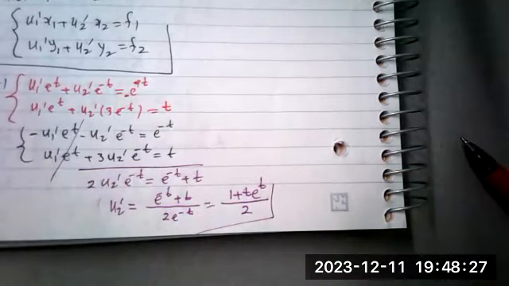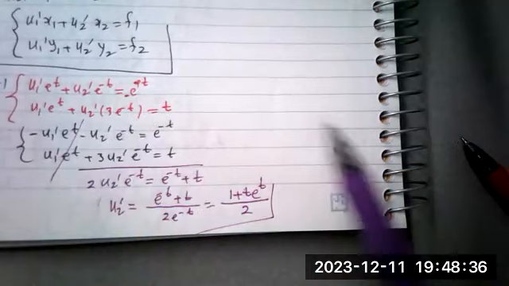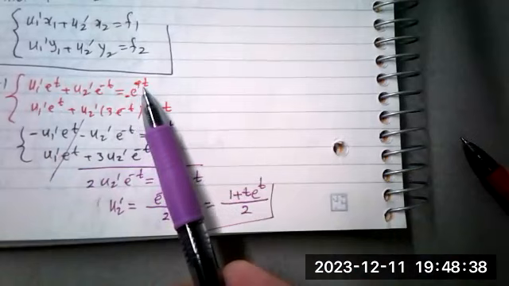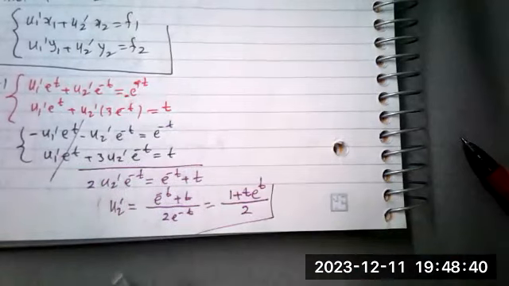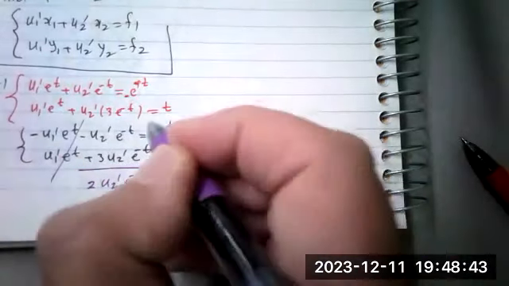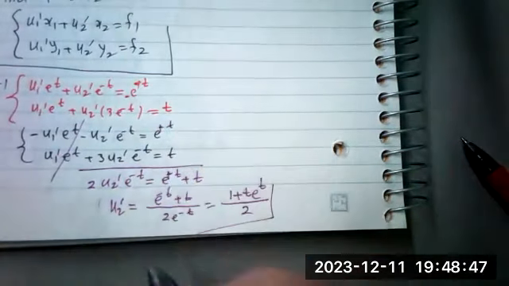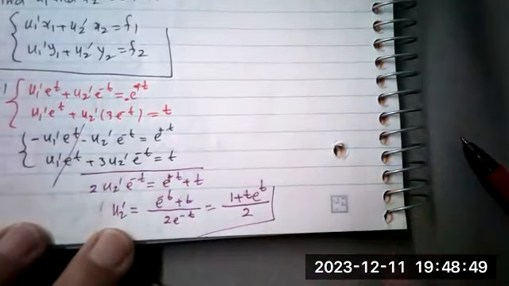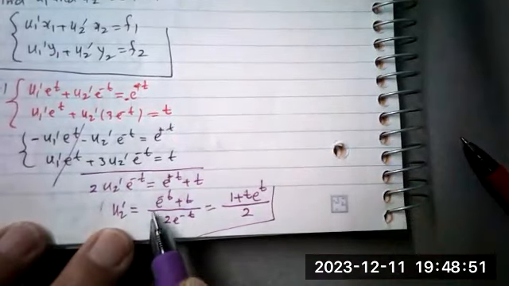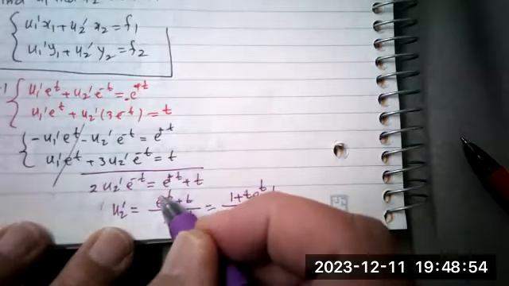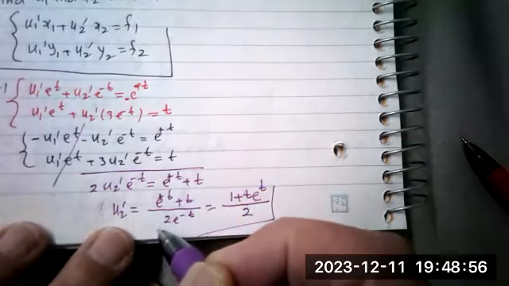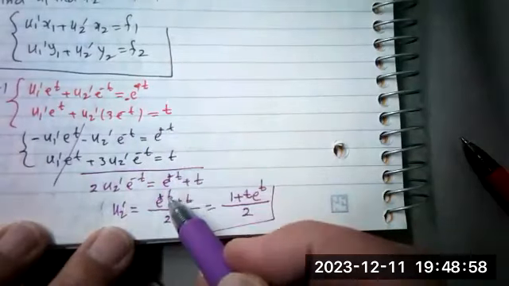Yes. Which one? The top is e to the positive t. Oh, positive t, okay. So that's positive t, okay? So if I bring it up, so that gives me what? This is a positive t.